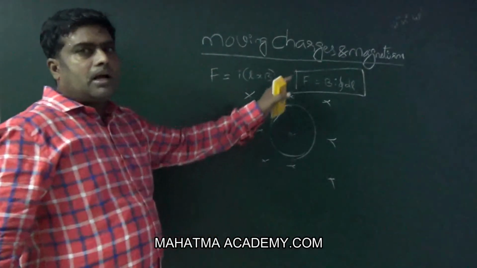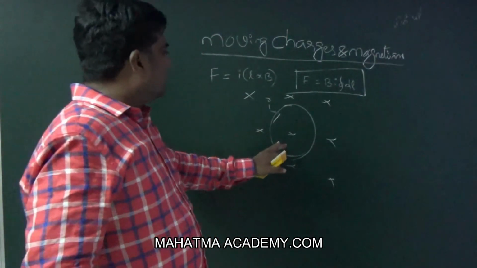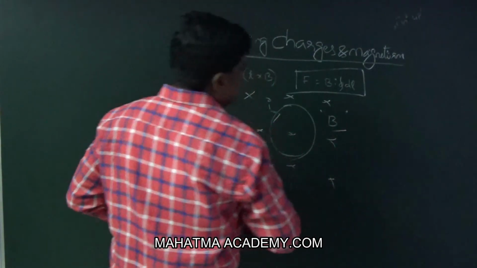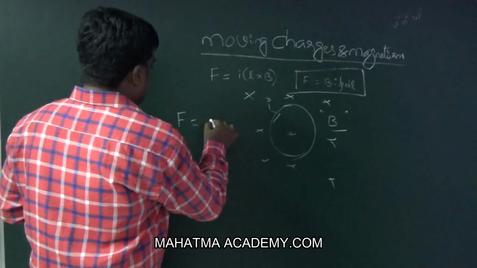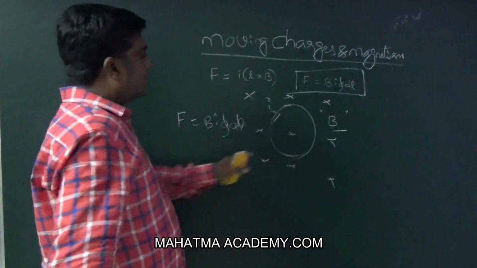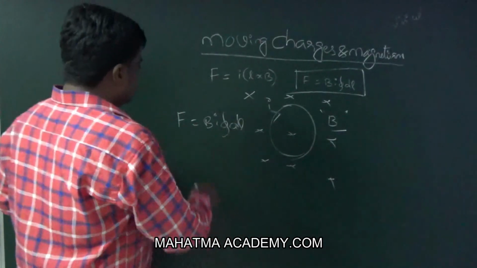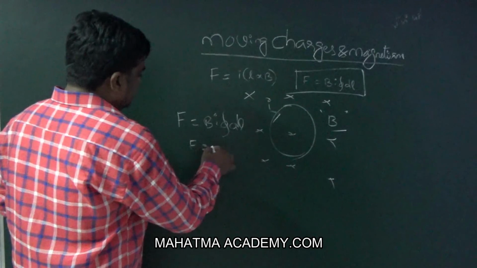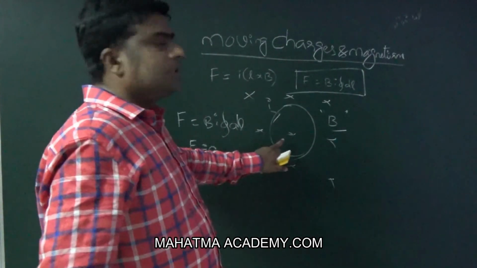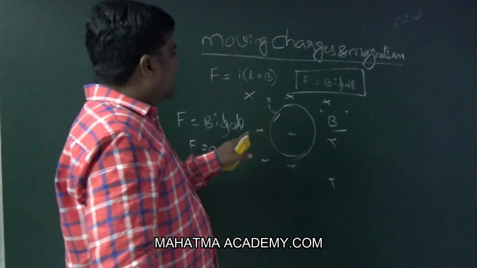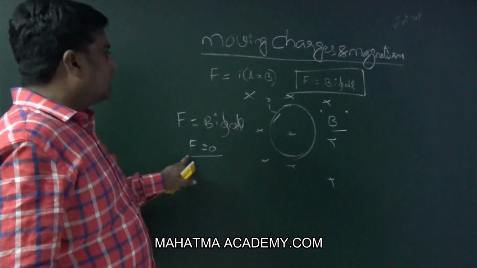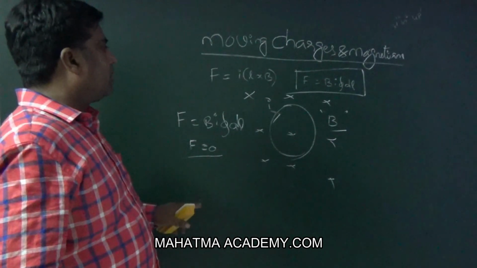F equals B I times the integral of dL. What is the integral of dL over a closed loop? It is 0. So the net force experienced by a current carrying loop kept in a uniform magnetic field is 0. This is very important.